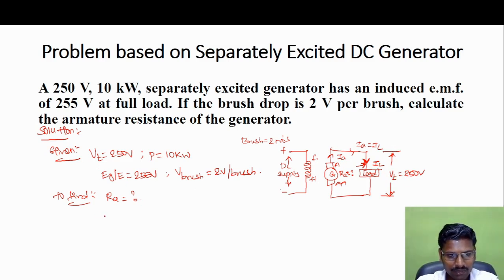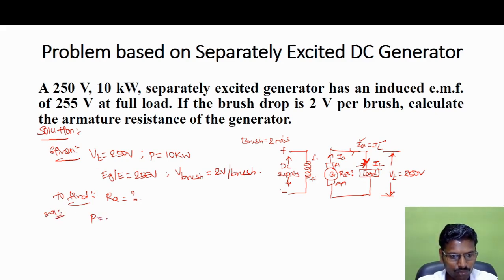From this we can calculate the value of IL, the load current. If we calculate IL, then we can find IA, because IA is equal to IL. So the solution starts from here.